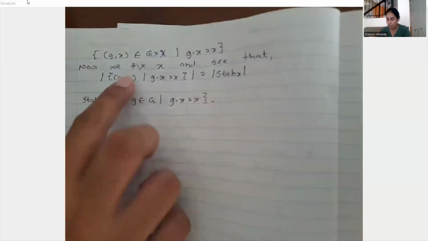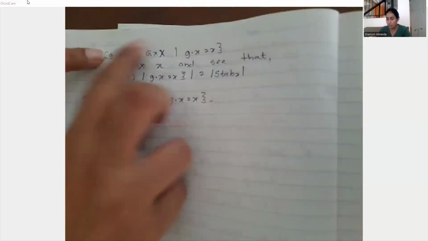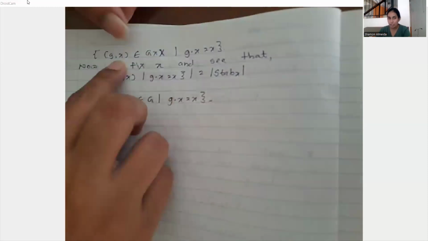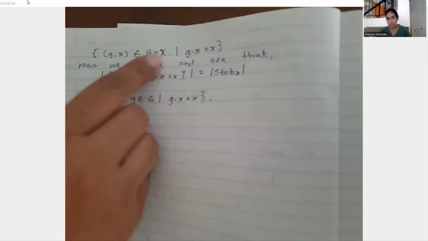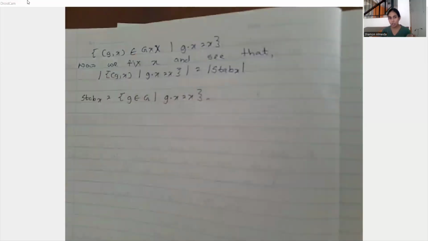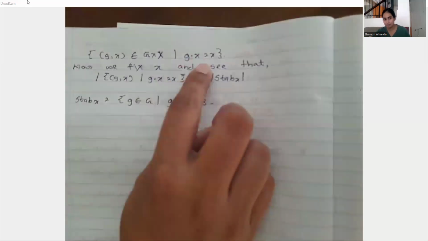So in the stabilizer of x, we take every element from the group that fixes this particular x. Now, if you go to this set once again, when you fix x over here, x does not change. However, g changes, right? How do we see this change? We consider all possible g's so that in these pairs of elements that are in this set, only the first component will be changed if it fixes x, right?